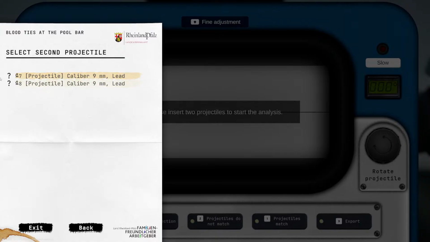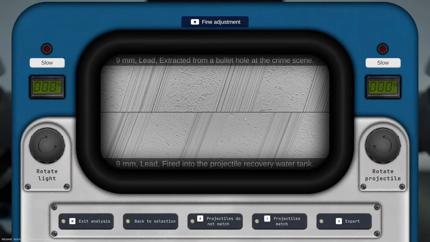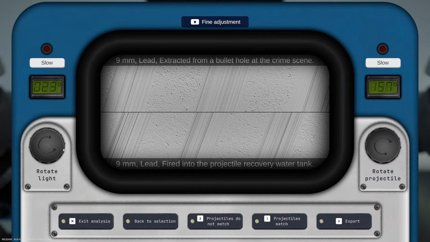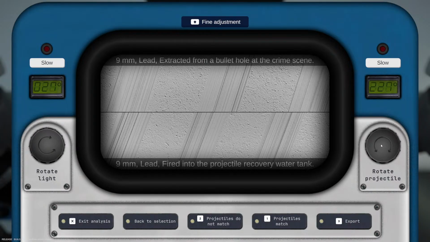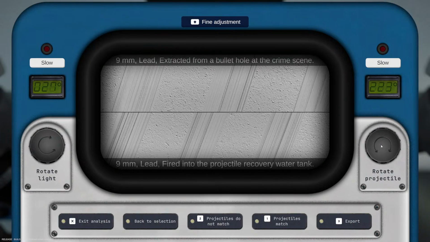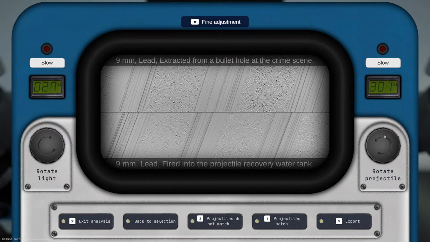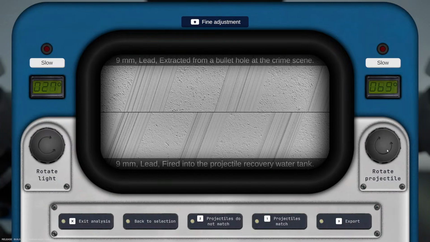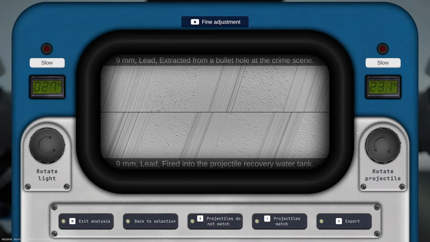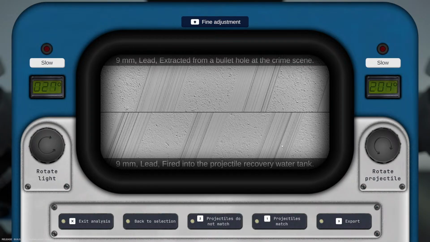We'll do with the evidence 7. Alright, let's lower that so it kind of matches the shade. Probably right there. Alright, no, I don't think these are gonna match. These are too wide. Yeah, too wide, so that's not a match.